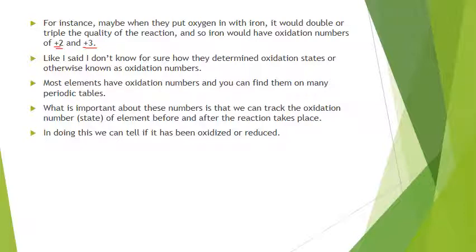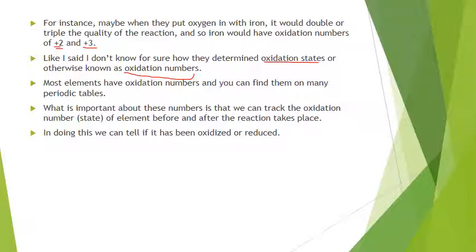Like I said, I'm not really sure how they came up with them. But these are known as oxidation states or oxidation numbers. Most elements have oxidation numbers. Some don't, especially the heavy metals, the ones after about 100 in the periodic table.